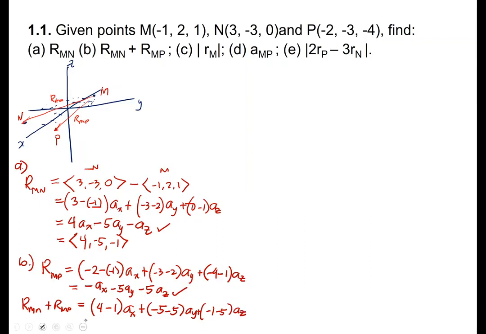So very simple, you have 3AX minus 10 AY minus 6 AZ. Okay, so we got it right.